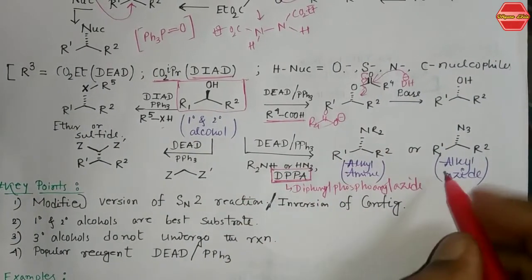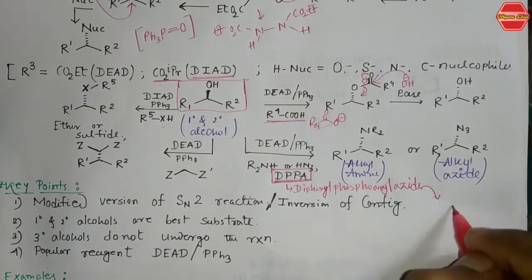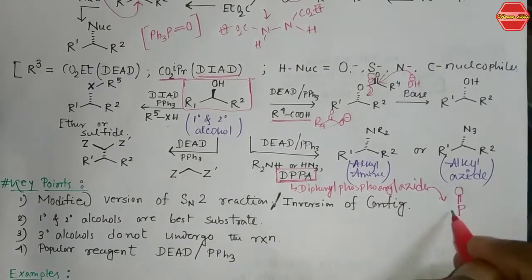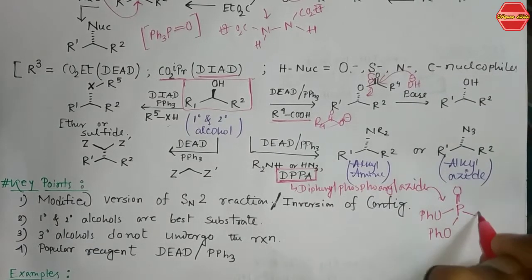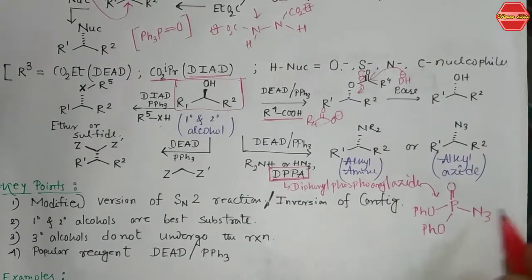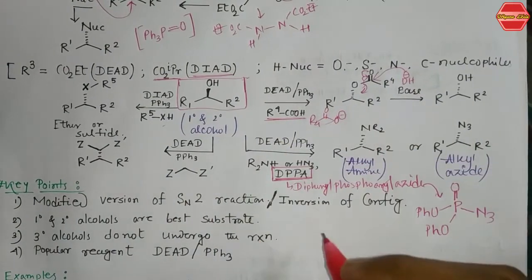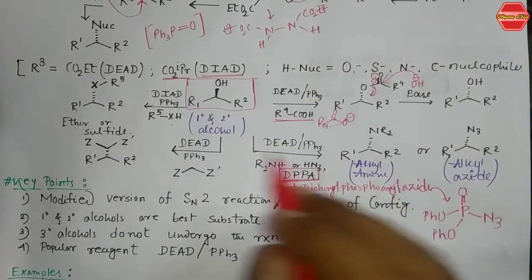Now what is the structure of it? You can see here, this is the structure of DPPA, right? This is the nucleophilic center that will attack the primary or secondary alcohol.